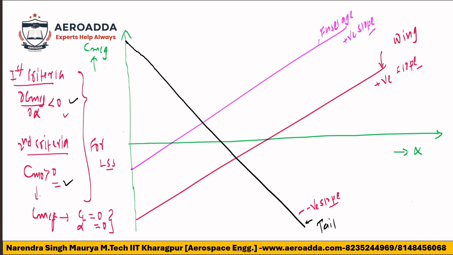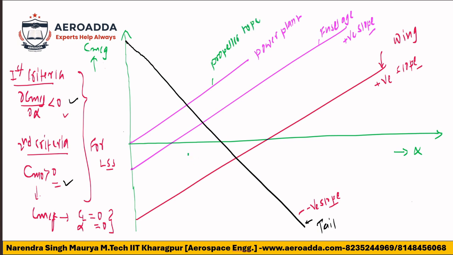So that type of power plant will be destabilizing. Generally we are using propeller type, so the power plant, that is the propeller type, is a destabilizing component for the aircraft.